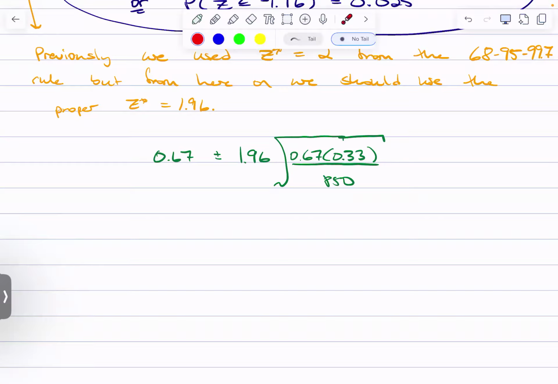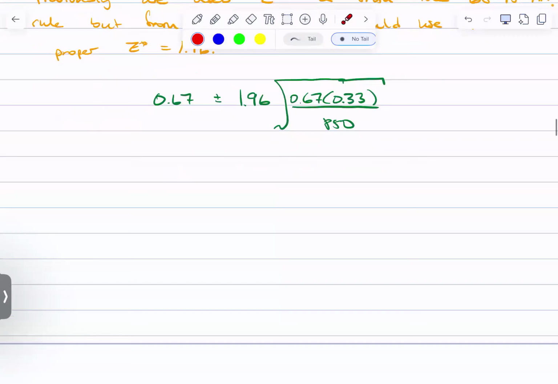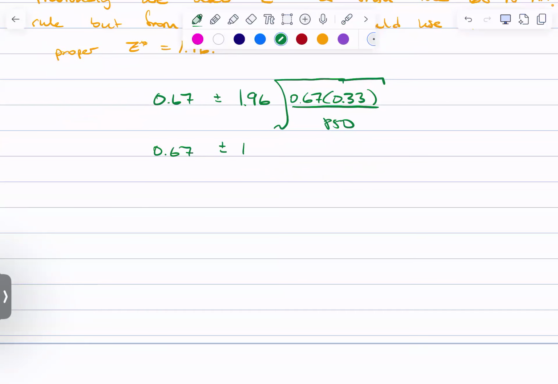Starting in the square root, I'm going to go 0.67 times 0.33 and right away divide by 850. It's going to be a really small number, but I just want to check in that you've got a good handle on your calculator.